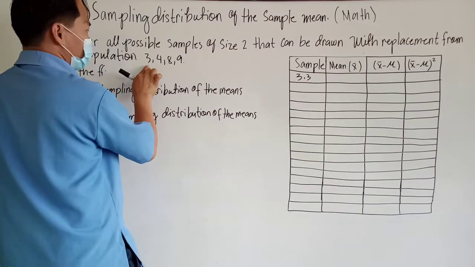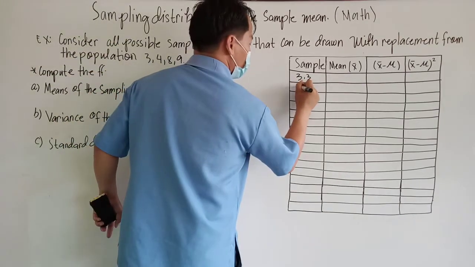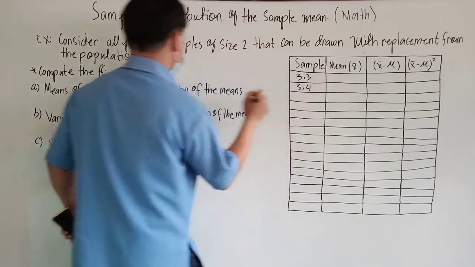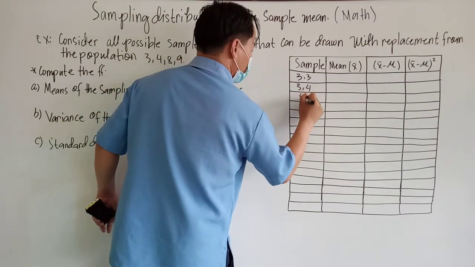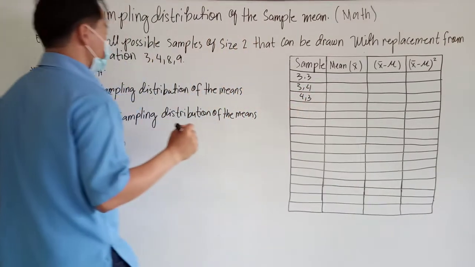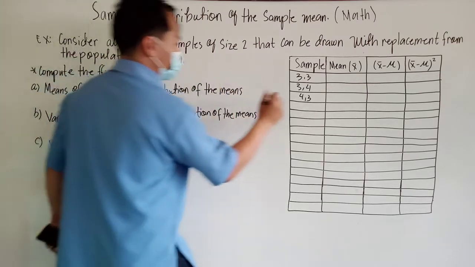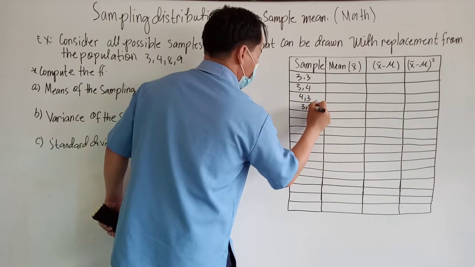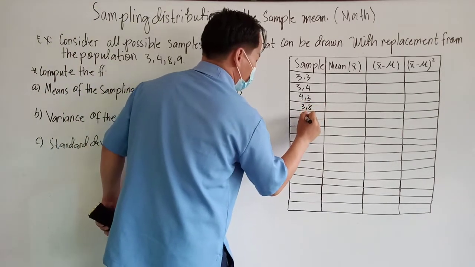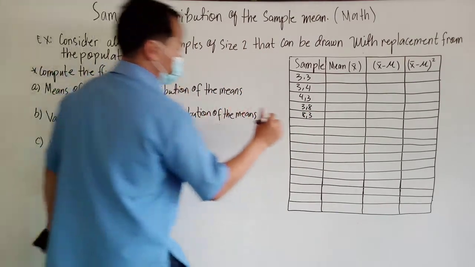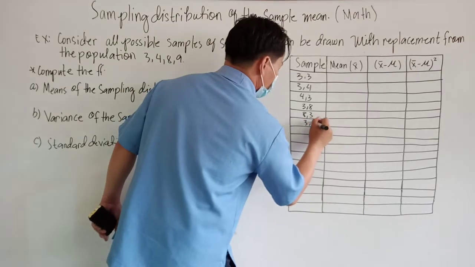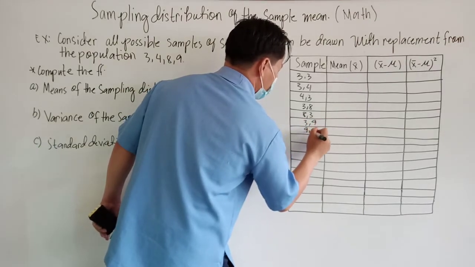Next, we can have 3 and 4. Next, we can also have the reverse, 4 and 3. Next, we can also have 3 and 8, then the reverse of 3 and 8, which is 8 and 3. Next, we also have 3 and 9, then its reverse, 9 and 3.